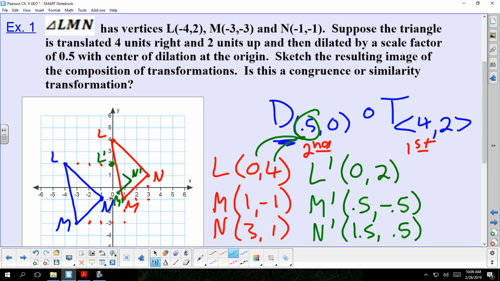There's a little baby triangle in there, since it is a reduction, right? Because that is less than 1, it is the image of that composition of transformations. So this guy right here is where we ended up. We translated and then shrunk.